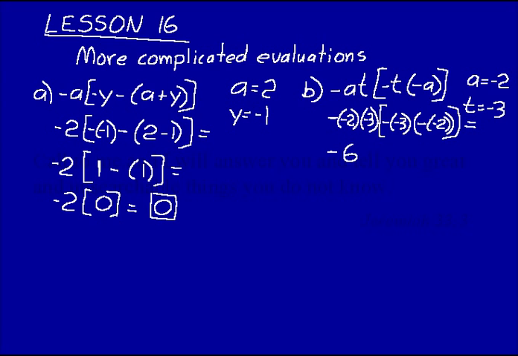So we have -6, bracket, and then we have a negative times -3, so let's just make that a +3, parentheses, negative times -2 would be a +2. Okay, and so now we see we have a -6 times 6, and that would just equal -36.